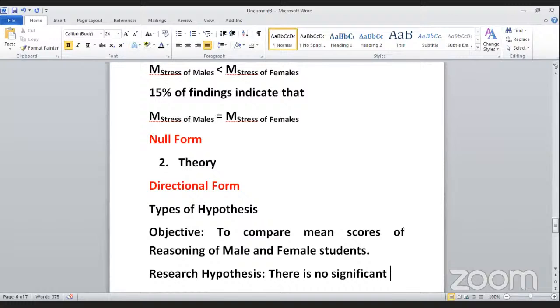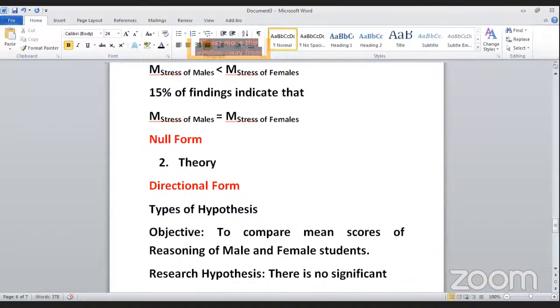The third definition was: hypothesis is the conjectural statement about the relationship between variables. So I have to use the word relationship or any word which is not a statistical word. Relationship is not a statistical word. Influence is not a statistical word. Effect is not a statistical word. So I can use these words when I'm trying to define or formulate the research hypothesis.